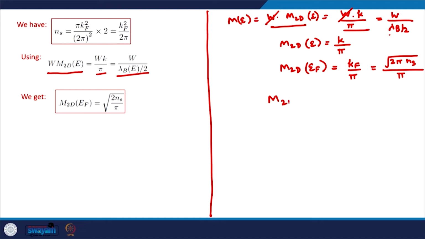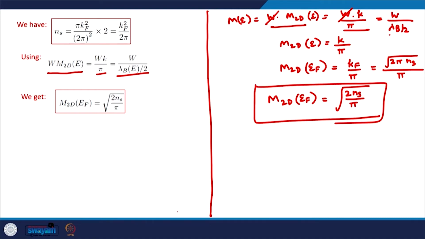So, M2D(EF) now is square root of 2 ns by pi. So, we now have this number of modes parameter in terms of the basic or experimental parameter of the device, ns.